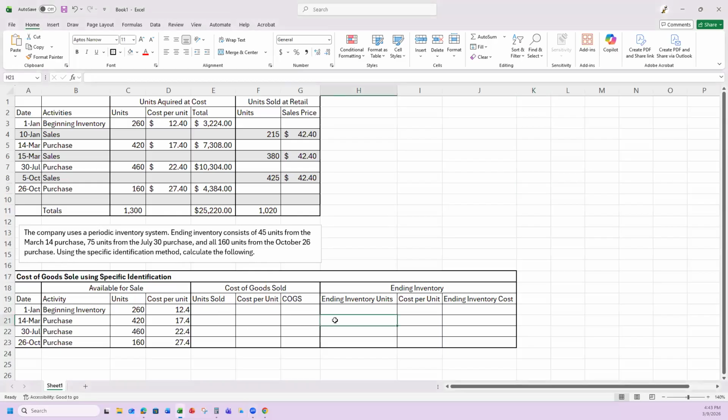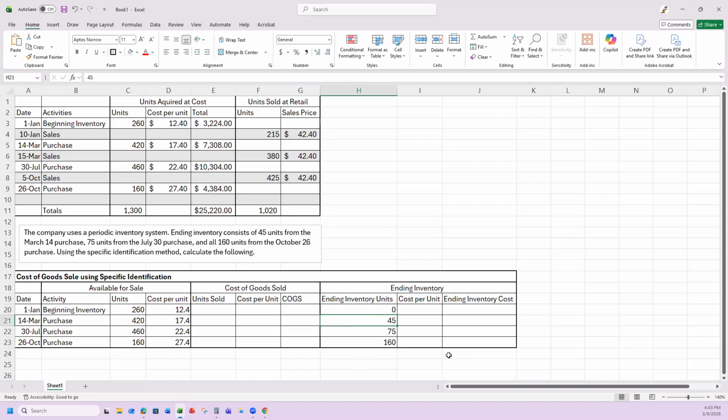So our ending inventory will be 45 units from that purchase, and then 75 units from the July 30th purchase, and all 160 units from the 26 October purchase. So that's what we have left. Looks like we don't have any from the beginning inventory.